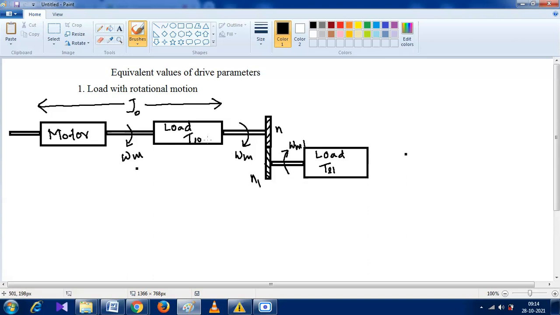The load torque should be in the opposite direction.